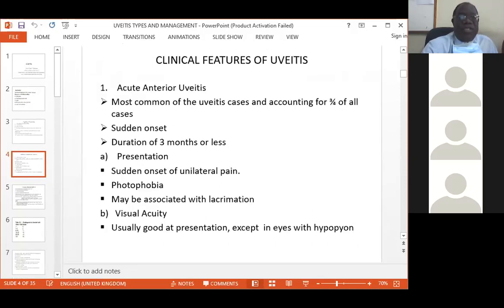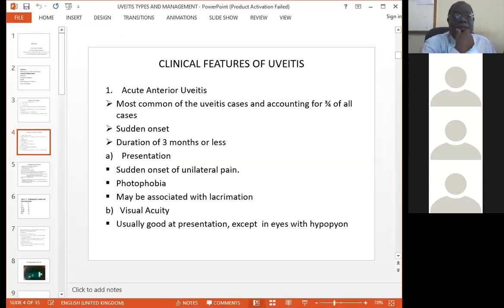In terms of presentation, you have sudden onset of unilateral pain, in one eye. Photophobia, uncomfortable in the light once the anterior segment is inflamed. It may be associated with lacrimation, where you have tears or water coming out like you are crying.